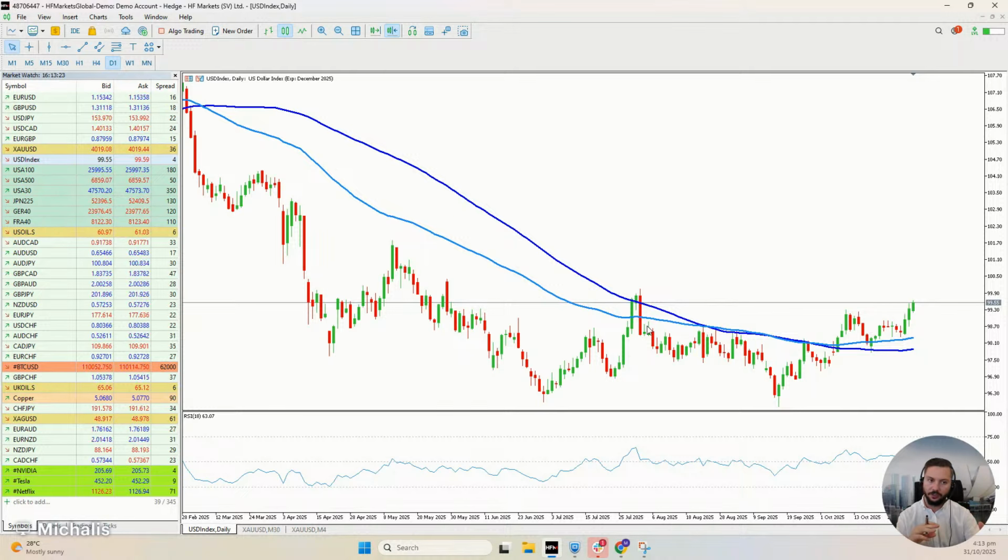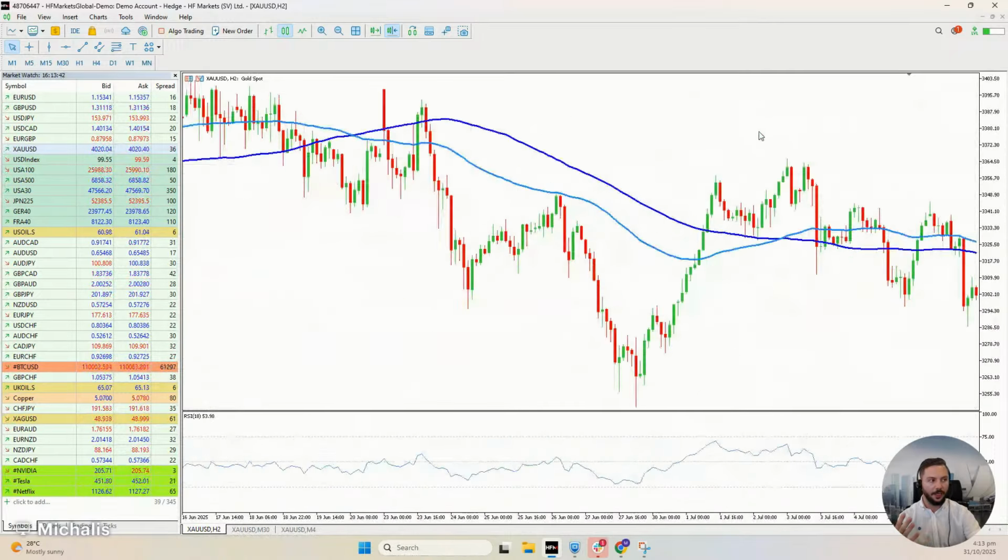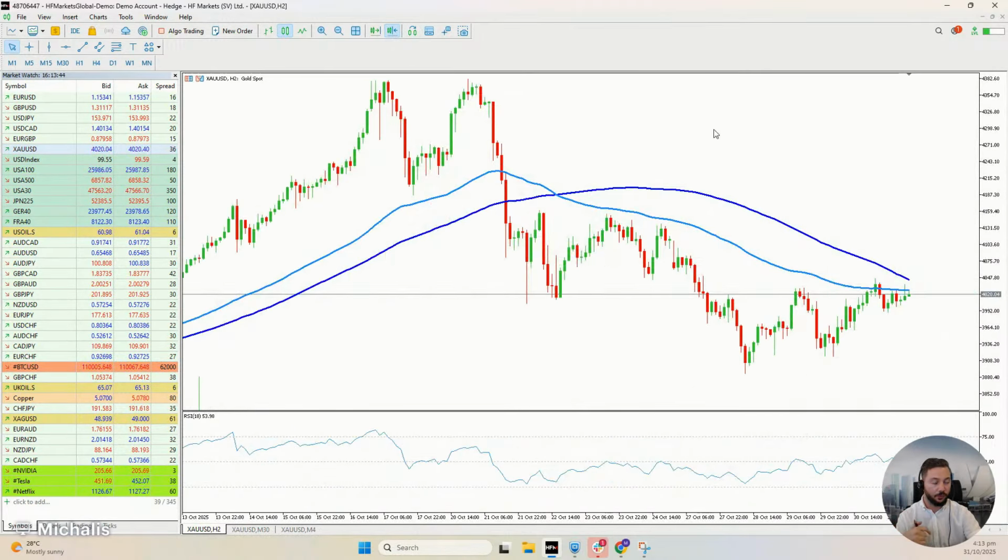Of course, we need to continue to evaluate and determine if that is going to materialize. If that does materialize and we continue to see upward price movement with gold, then that would of course give us a real ideal setup based on technical analysis and fundamental analysis, which indicate upward price movements for gold.